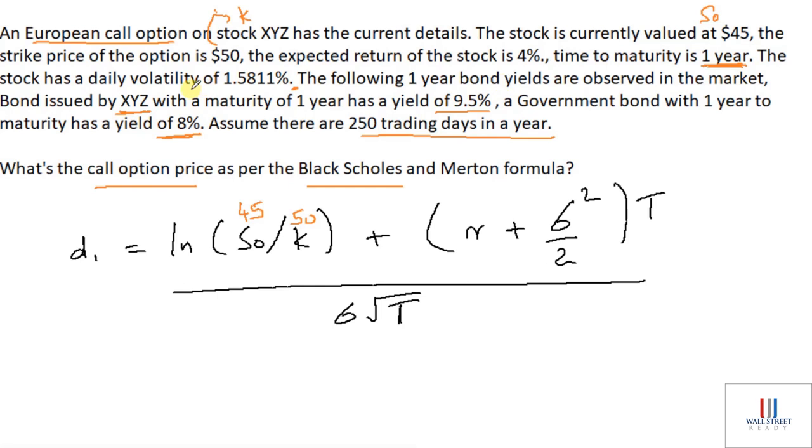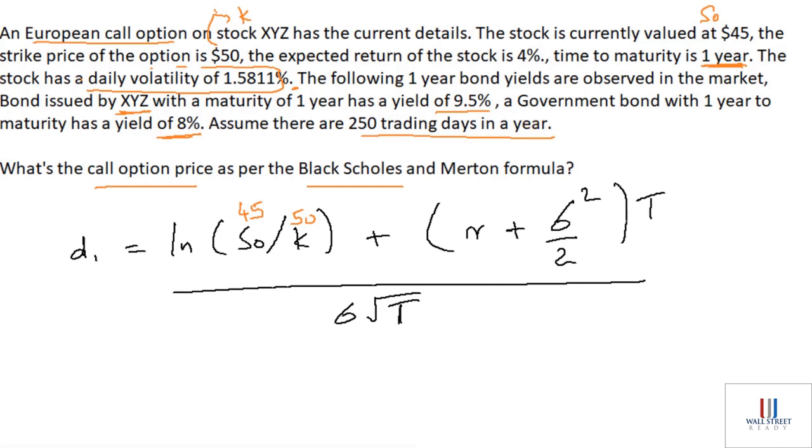Now the volatility we have been given here is the stock has a daily volatility. So we need to convert the daily volatility into an annual volatility because we are looking at 1 year. And we have been told, assume there are 250 trading days in a year. So we need to calculate the annual volatility before we can plug in that value here.